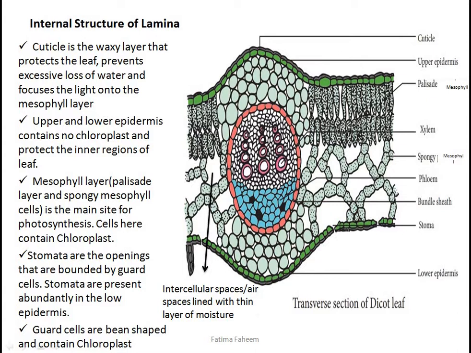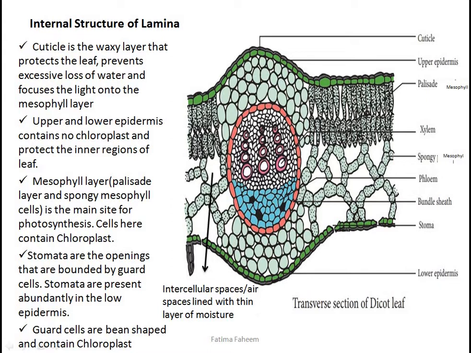This is the diagram. Don't get panicked or disturbed by the picture. It's very easy. The outermost layer, which is made up of a single layer shown in green color, is called upper epidermis. These are single layered cells which are deprived of chloroplast.